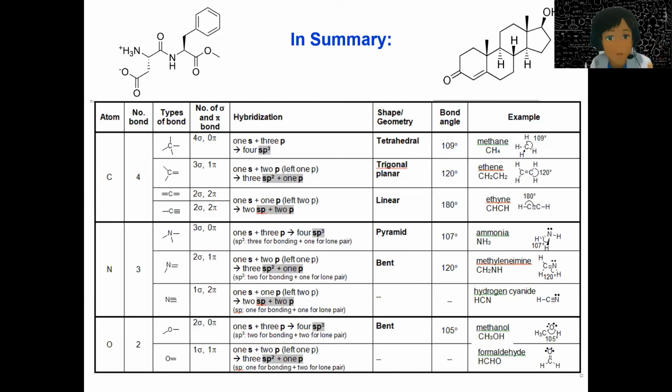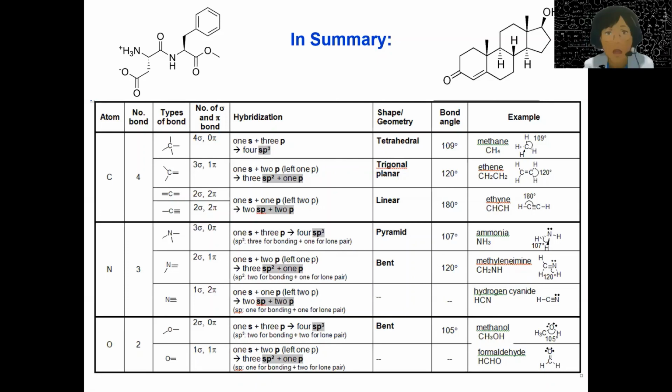That means you have 1 s orbital and 2 p orbitals mixed together to give us 3 sp2 orbitals. There's no need to memorize the shape and the bond angle for the oxygen double bond. This is an example of formaldehyde, where you have the lone pairs on the oxygen, and then you have the double bond with a carbon.